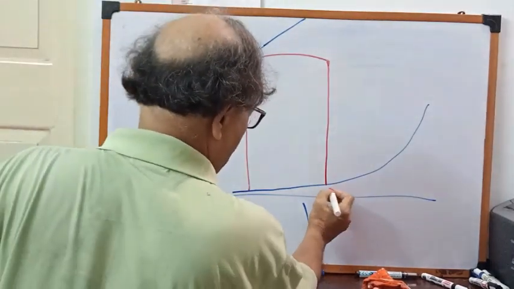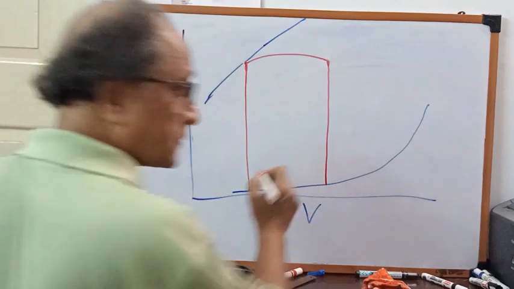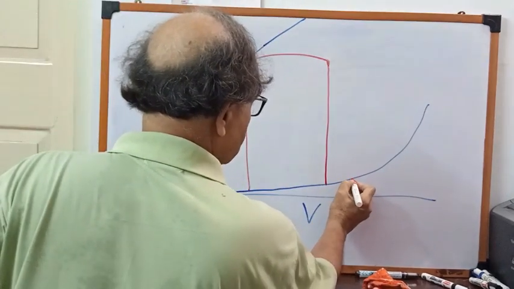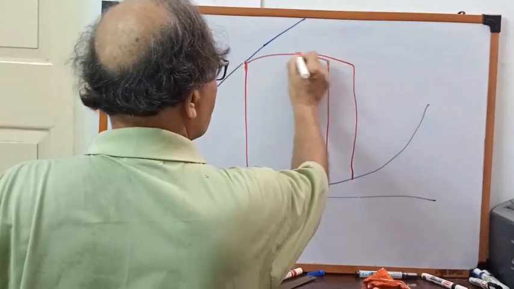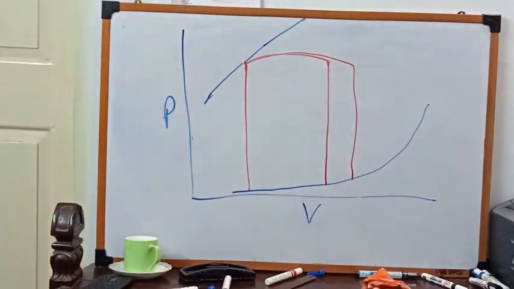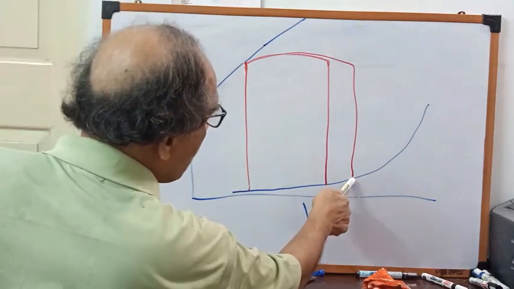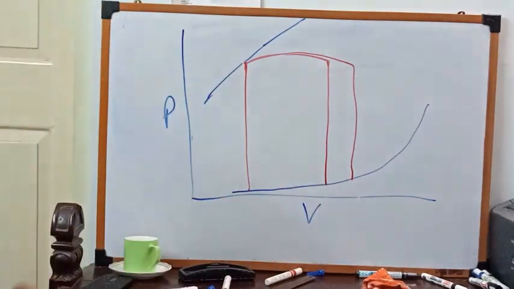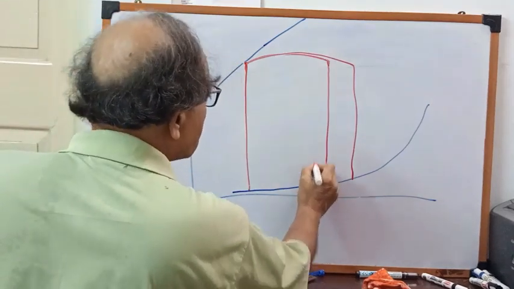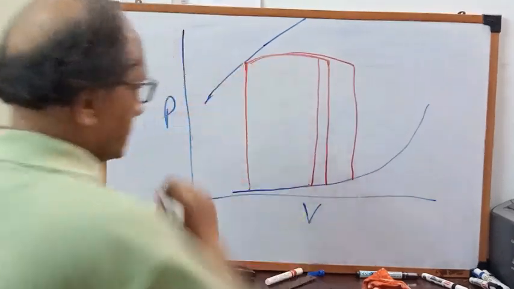If end diastolic ventricular volume is increased, what will happen? The stroke volume will increase, like this. So with the increase in preload, stroke volume will increase. If the preload is decreased, the stroke volume will decrease.